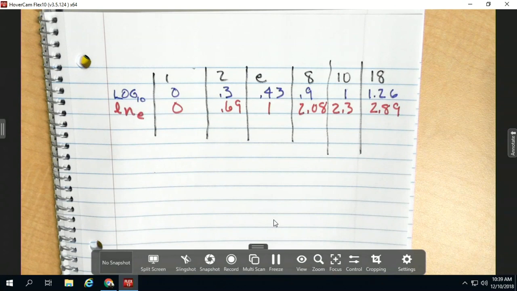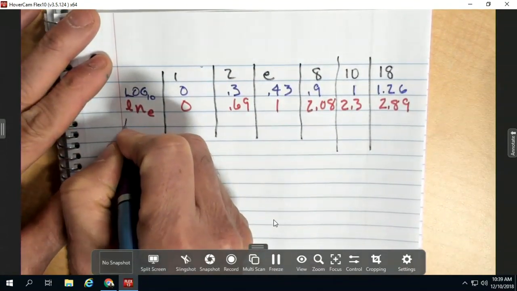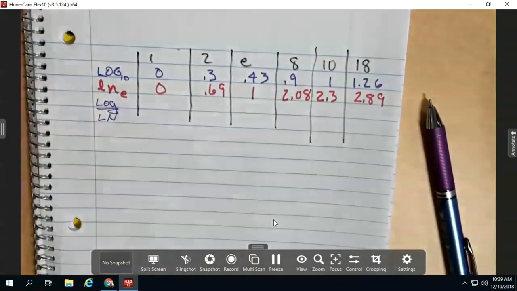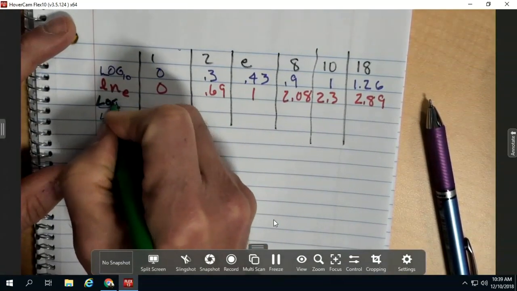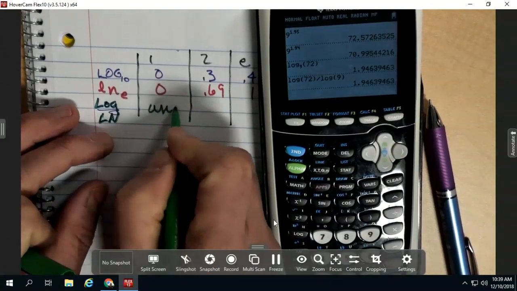Are those the numbers that you got when you did it? Because now it says to take the log value divided by the ln value. Well, 0 divided by 0, that's undefined.